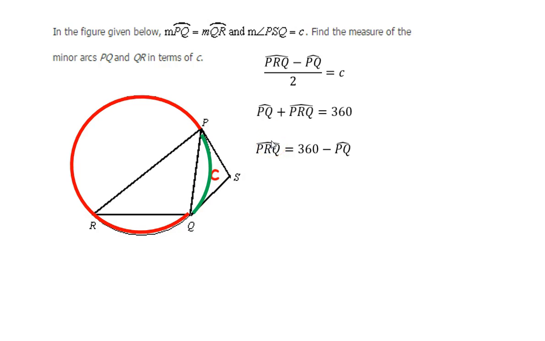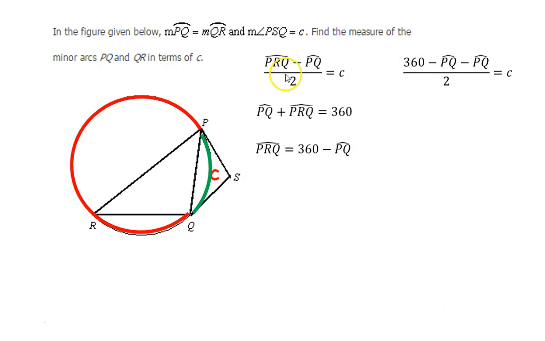So why is that beneficial? Because now I can take this value of PRQ and substitute it into this equation, so I just have arc PQ in there. So what does that look like? It looks like this. Notice these two equations right here are actually the exact same equation. There's nothing different about these two, because I've replaced PRQ with 360 minus PQ.